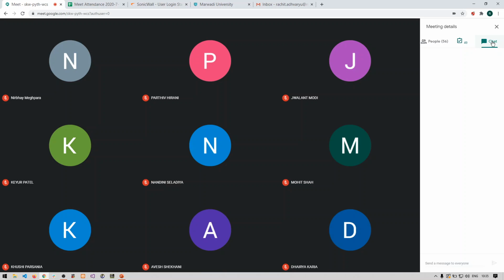What do you mean by concurrency control? Managing of more than two transactions at the same time. Okay, that's great.